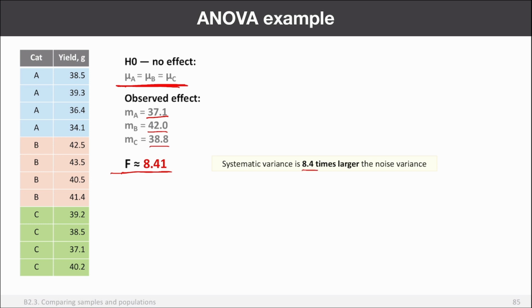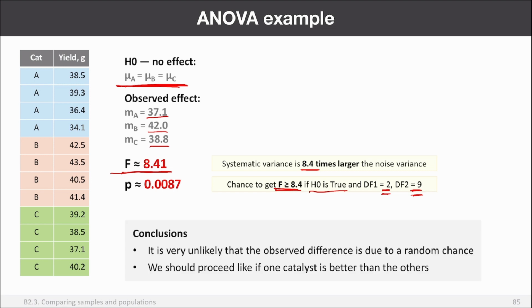And you can see in our case, it's 8.4 times larger. So it's a very strong signal. It's a very strong effect compared to noise. Then you can compute a p-value, and the p-value shows you the chance to get an F-value as big as you have or bigger if the null hypothesis is true. And these are the degrees of freedom. So it means you have 3 groups, that gives you these 2 degrees of freedom. And then you have 12 values in total, that gives you 9 degrees of freedom for the random part, right?